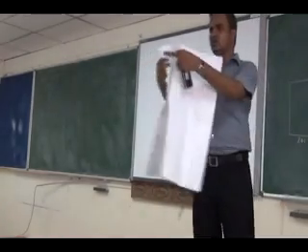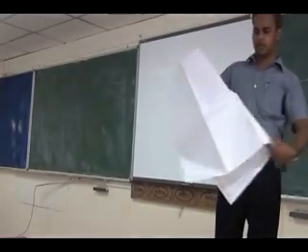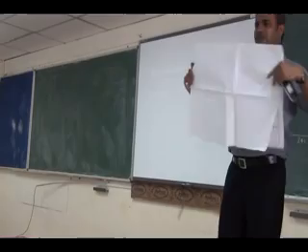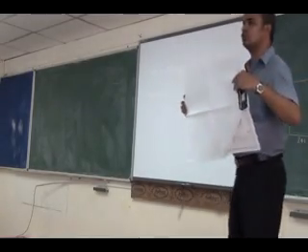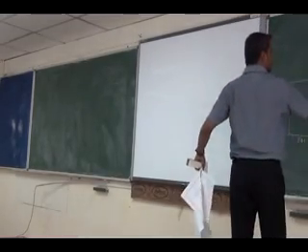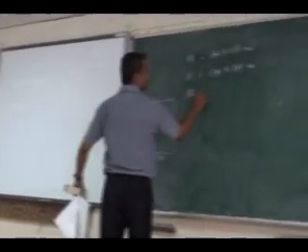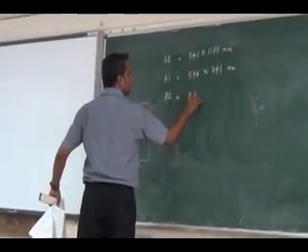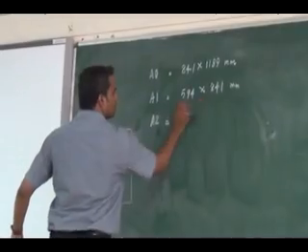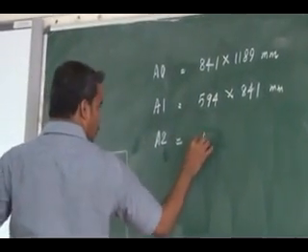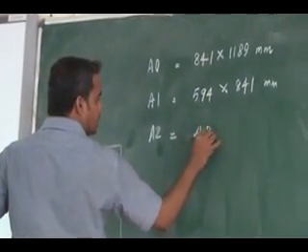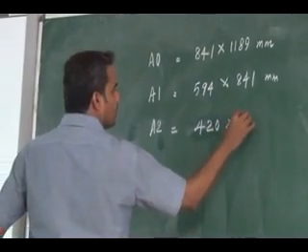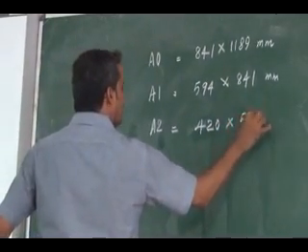Now if I fold this drawing sheet, it will give me an A2 drawing sheet. So this is the A2 size drawing sheet. Half of 841 will be 420, so it is 420 by 594.